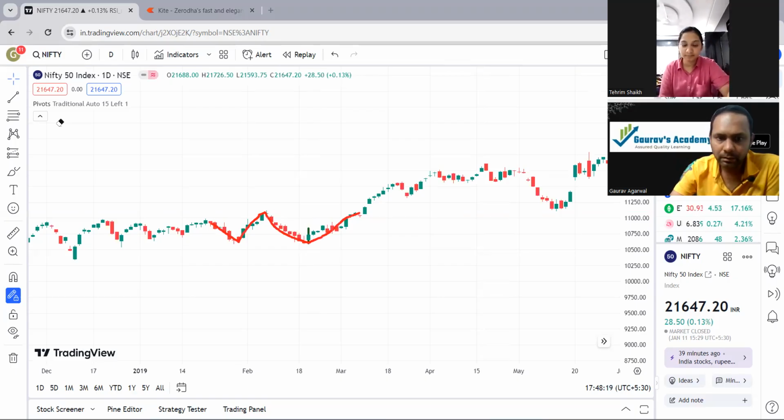You can see W here. So this is a double bottom, right? So all the steps will be the same as we have done in the previous one. The only thing is that it will be ulta.